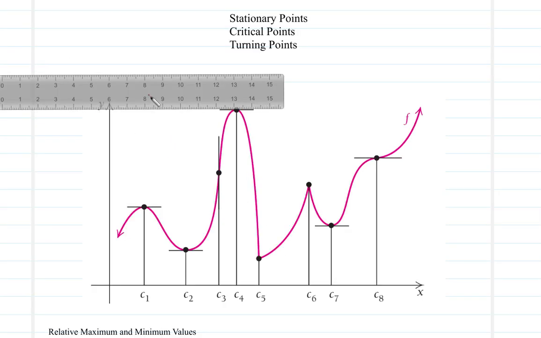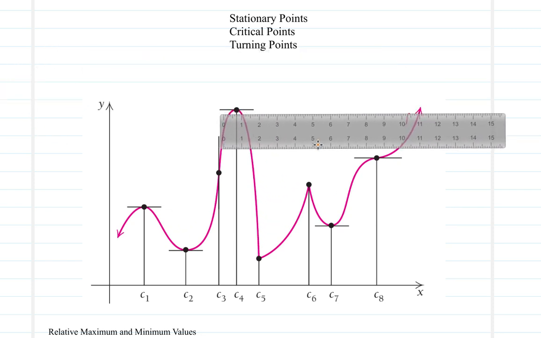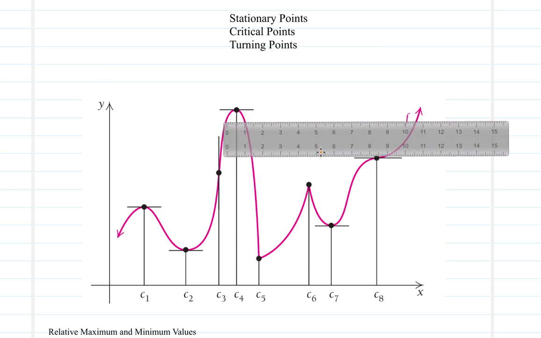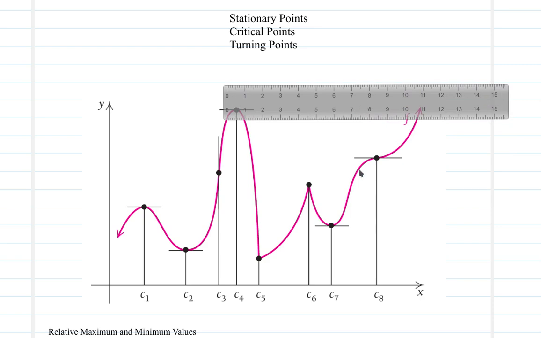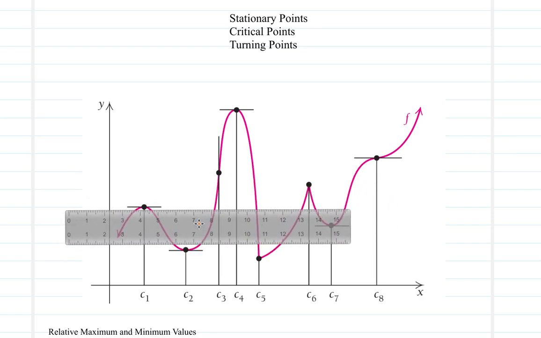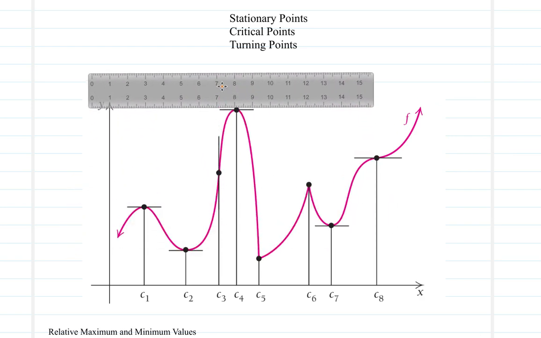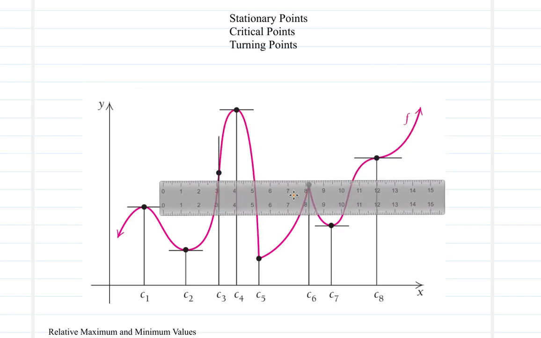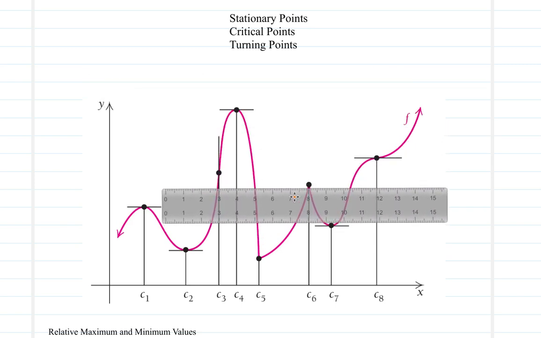So you see, at that point of inflection there, if I should put the ruler right here and draw the line, I will get a horizontal line. Just like what happened at C1, C2, C4, and C7. Alright?